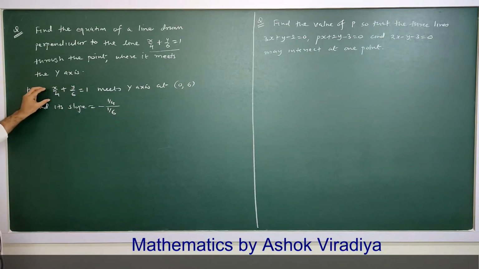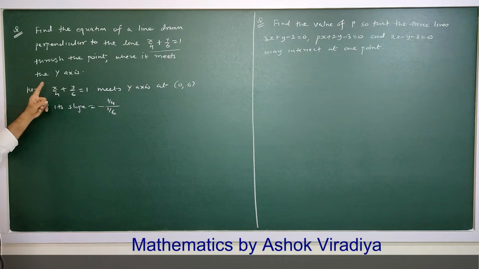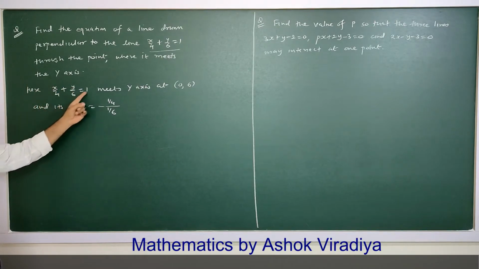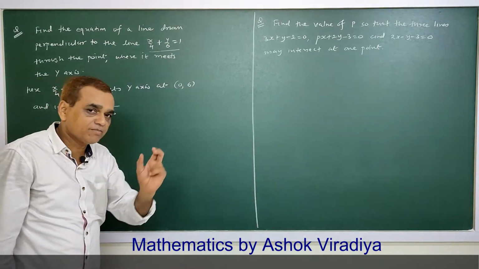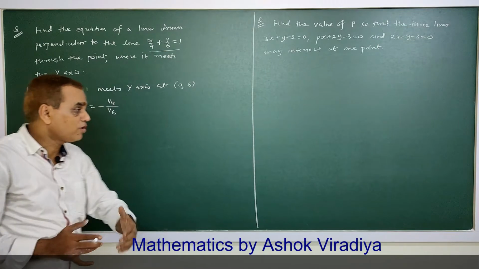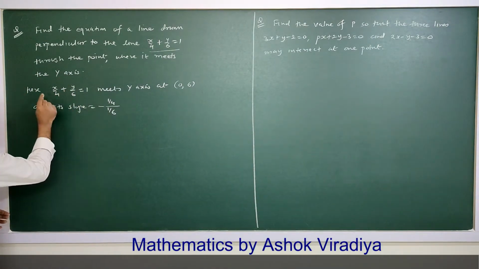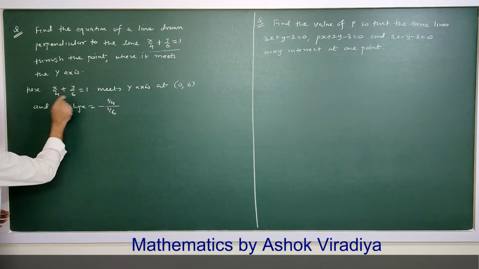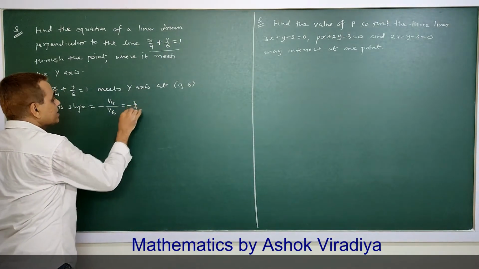Otherwise get this into its standard form, means making this equation free from denominator, getting ax plus by plus c equal to 0 form. After getting this form also you can calculate, or directly also you can calculate minus a is 1 by 4 and b is 1 by 6. So this is minus 3 by 2.